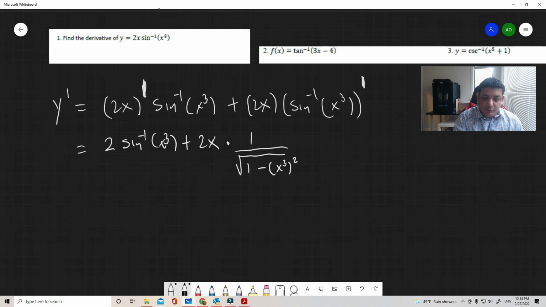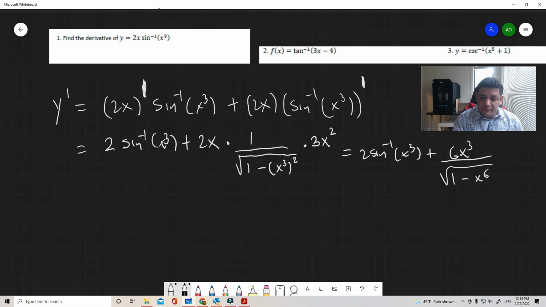X cubed composes the square, and now by chain rule, this is going to be 3x squared. A little bit of simplification, but that's pretty much all that you can do in here. So we're going to get 6x to the 3 over the root of 1 minus x to the 6. And so that'll be the end for number 1.